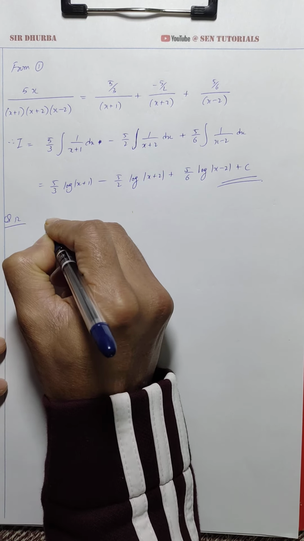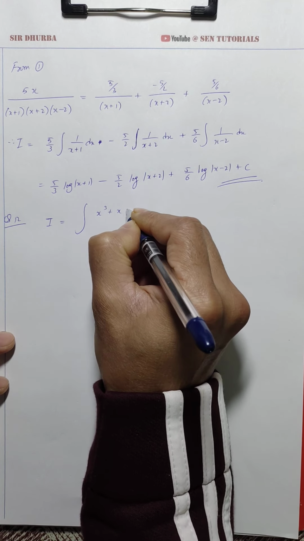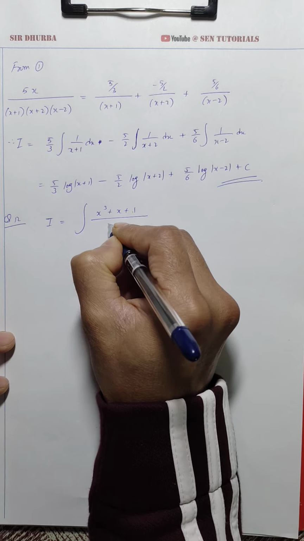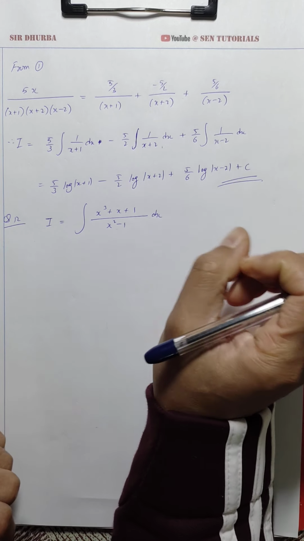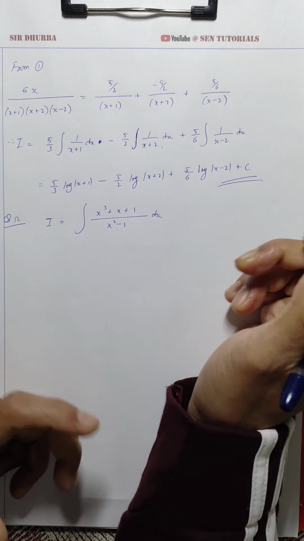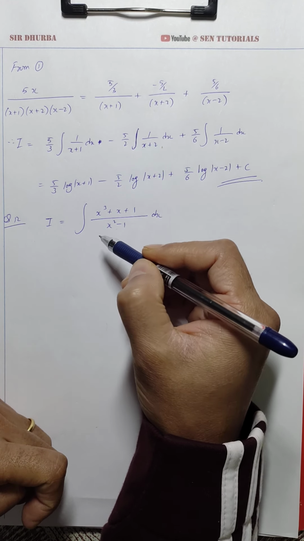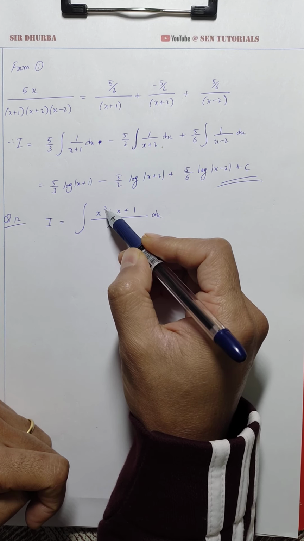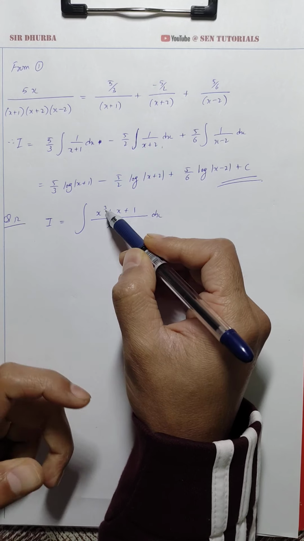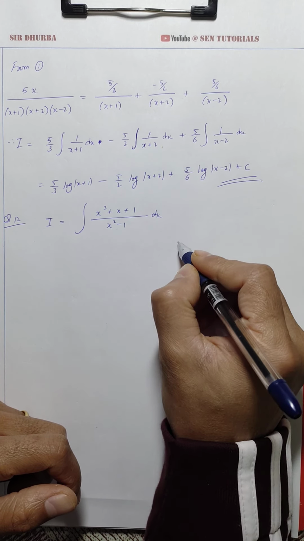12. That is integral of x cube plus x plus 1 divided by x square minus 1 with respect to x. So if you remember, in the previous exercises I told you that whenever you go for integration, whenever the degree of the numerator is higher than or equal to the degree of the denominator, what shall we do first? We shall divide first.